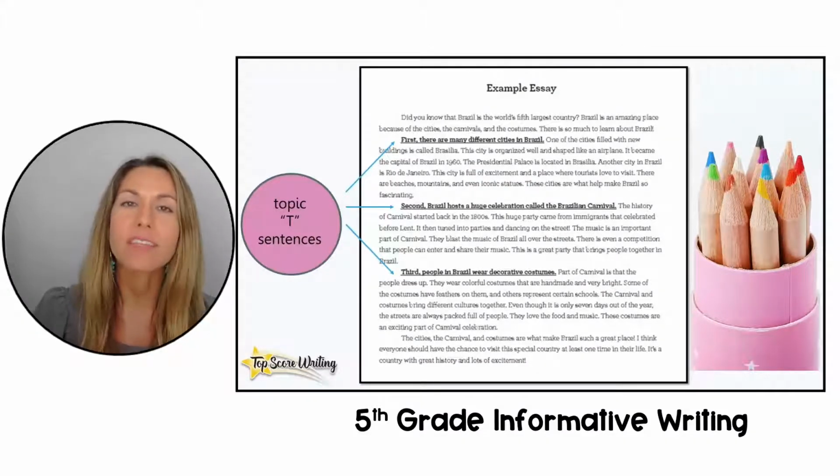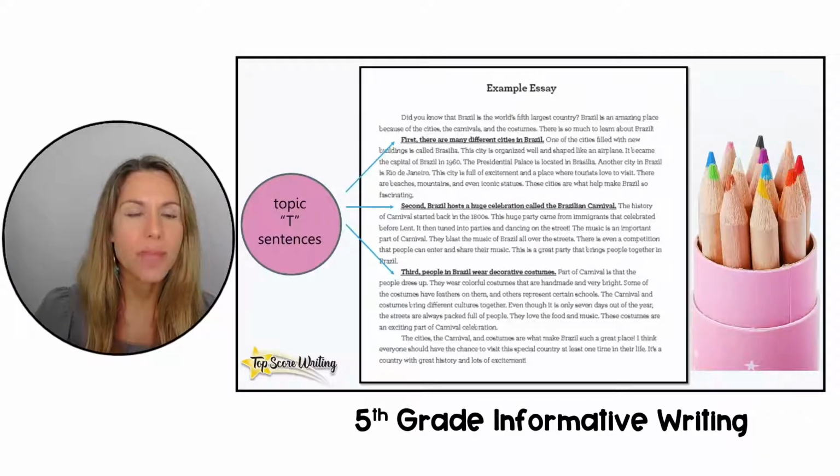So let's read these topic sentences together. First, there are many different cities in Brazil. Second, Brazil hosts a huge celebration called the Brazilian Carnival. Third, people in Brazil wear decorative costumes.